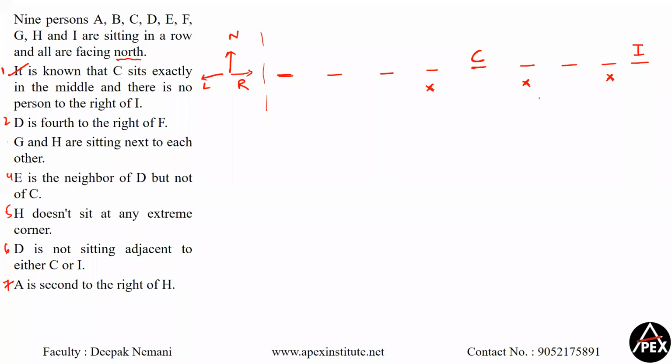Sitting next, or neighbor. It means the same: they are sitting in two consecutive places. So D cannot be adjacent to C, so D cannot sit in these two places, and D cannot sit adjacent to I.